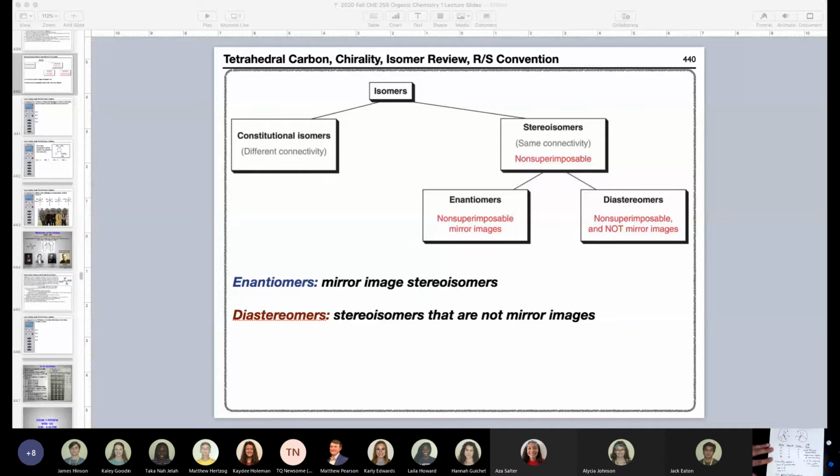So this is a skill that you need to be able to do. Given a chirality center, recognize that you have 1, 2, 3, 4 different substituents. Figure out if the chirality center is R or S. Be able to draw the mirror image enantiomer. If you're given a name that has a chirality center, be able to convert the name back into a structure.